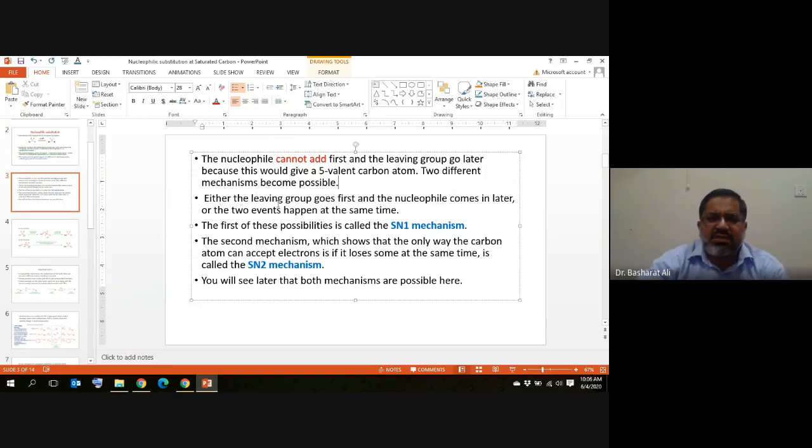The first one is that the leaving group goes first and the nucleophile comes later, or the two events happen at the same time. In actual, both processes occur.